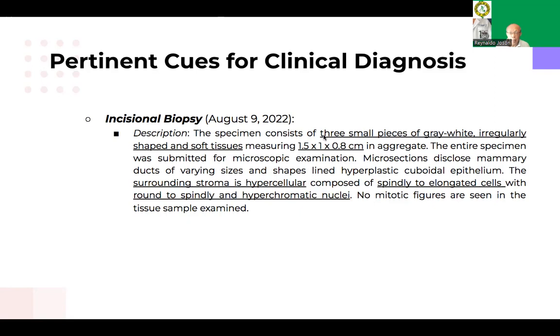If it's clinically phylloides, you can put a malignant phylloides tumor as your secondary. Primary is benign, secondary is malignant, because you don't know whether it's malignant or benign.